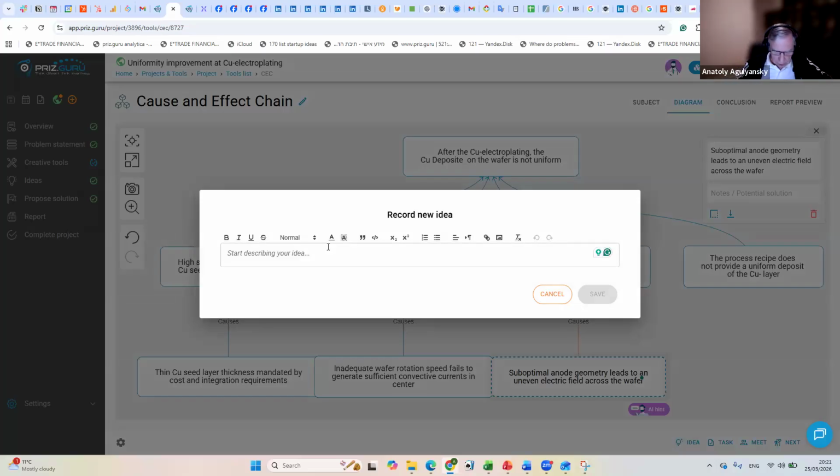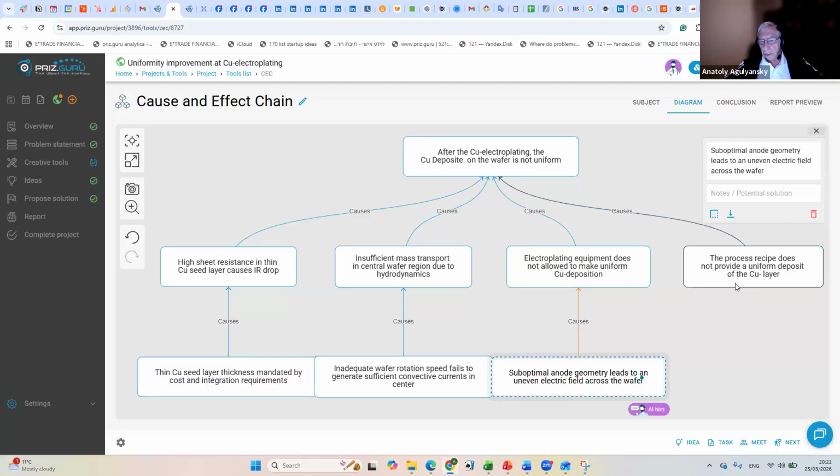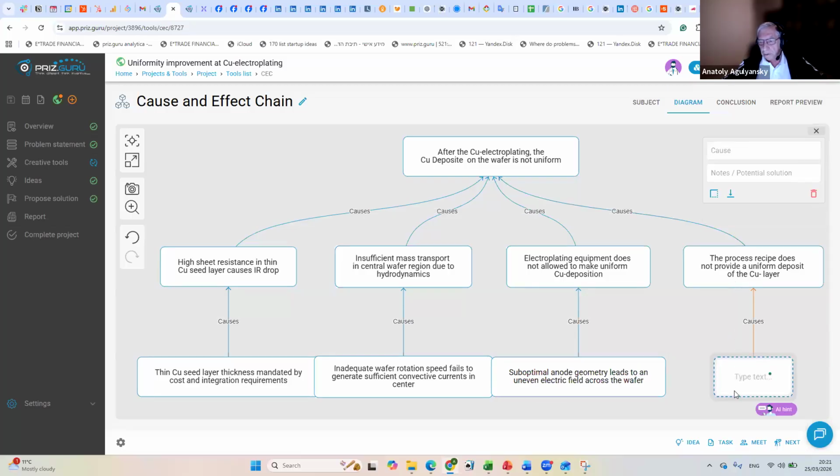Document the idea: use a smaller anode for electrolysis. Okay. Good idea.